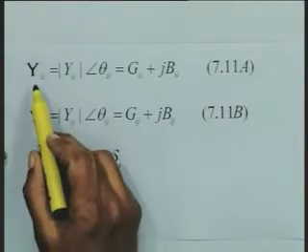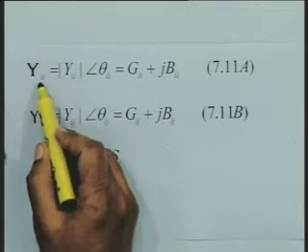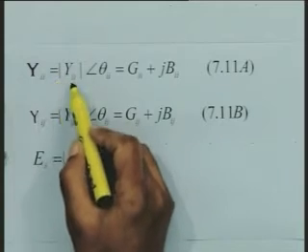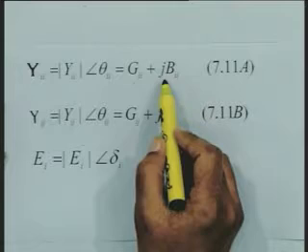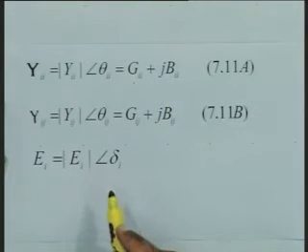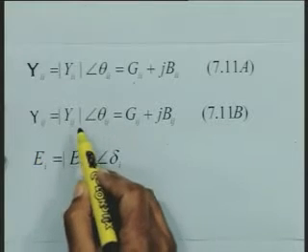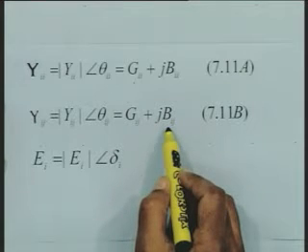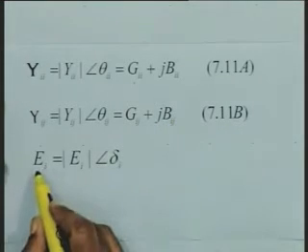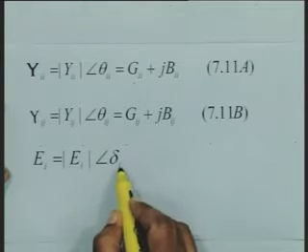Now, here we will represent the diagonal elements of the Y bus matrix, which are called Yii, as magnitude Yii angle theta ii, which will have the real and imaginary parts Gii plus j Bii. Similarly, the off-diagonal elements will be shown as Yij, magnitude Yij angle theta ij, Gij plus j Bij, and these voltages Ei will be written as Ei angle delta i.